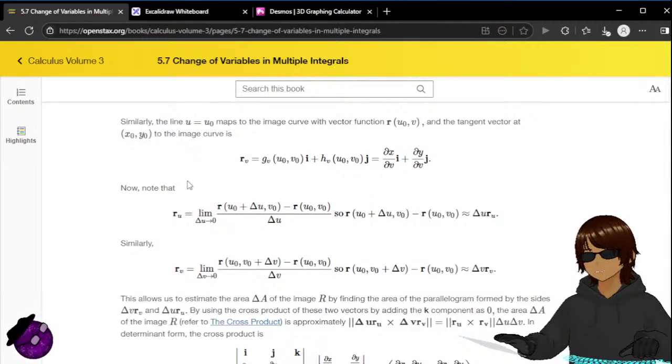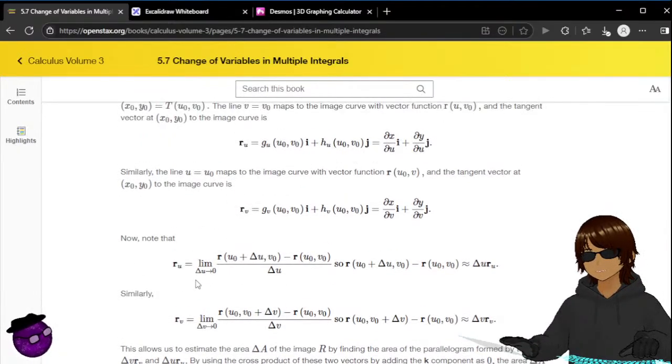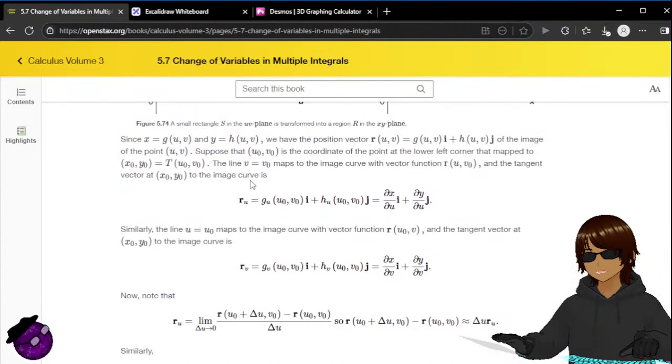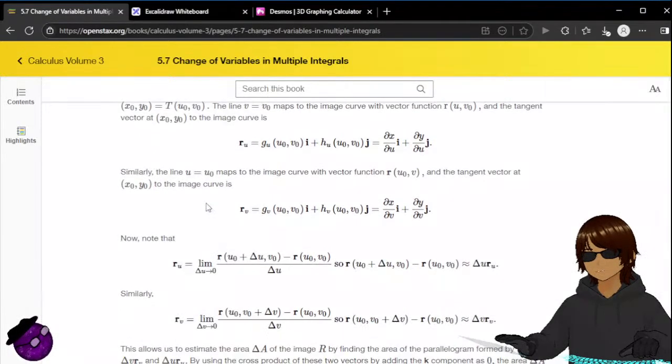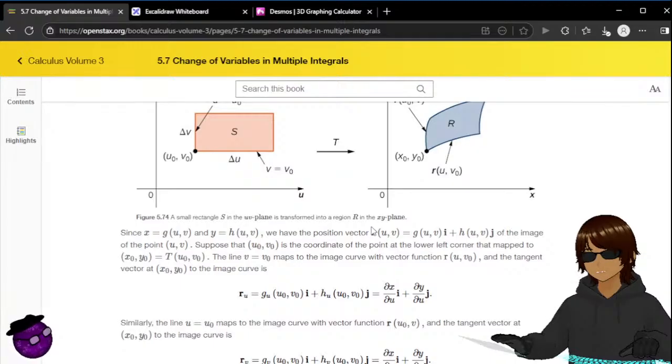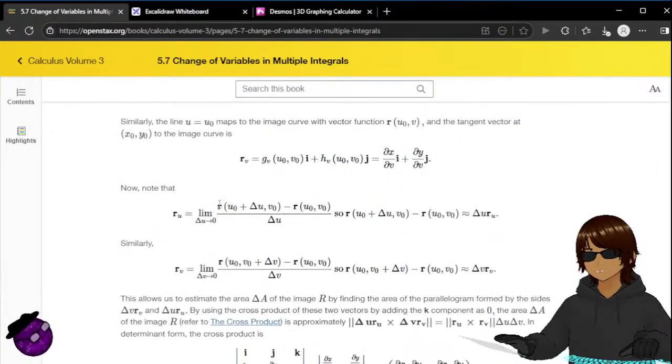Now note that we have this. So hold on, what's going on? So this with respect to u, at this position, we are taking r with a tiny increase in u.